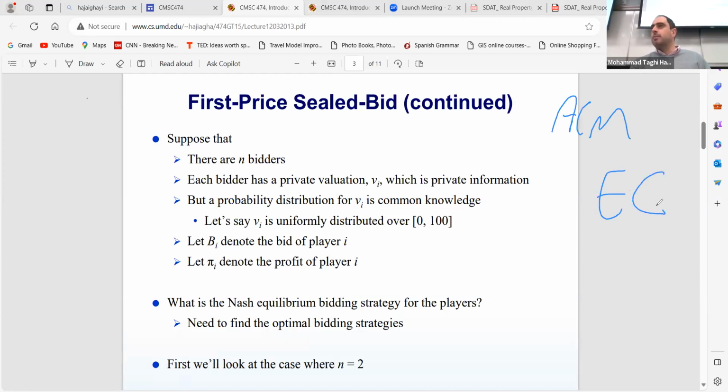Before it was electronic commerce, the name has changed but the abbreviation is the same. That's a conference where you will find lots of state of the art research on game theory and economics and computation, lots of them about auctions. So you may go and read more about it. This is just some basic analysis that you can see there.